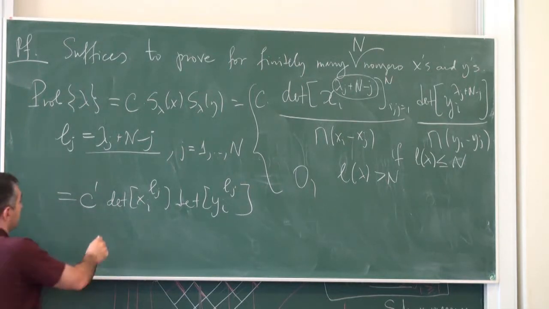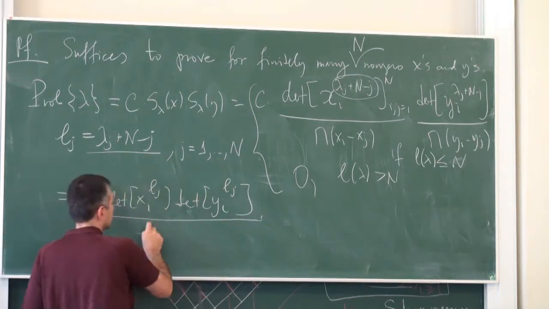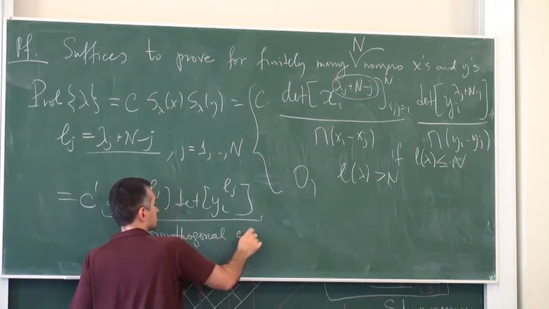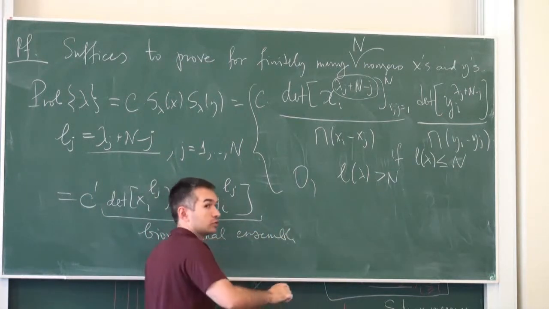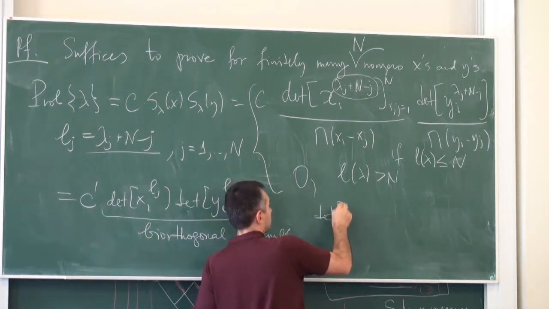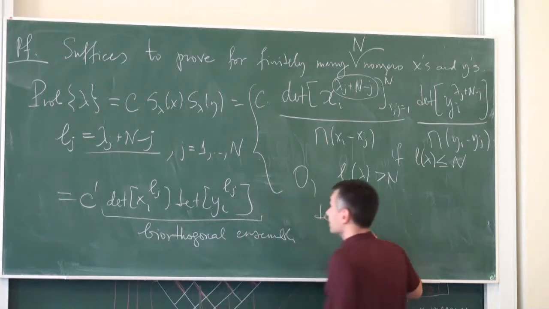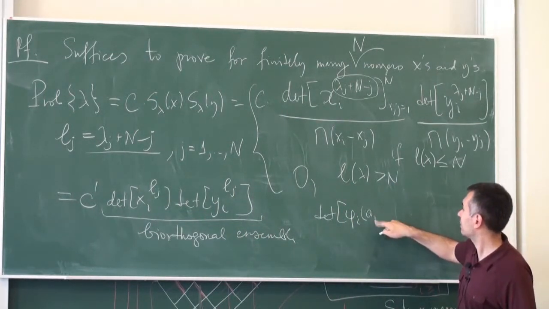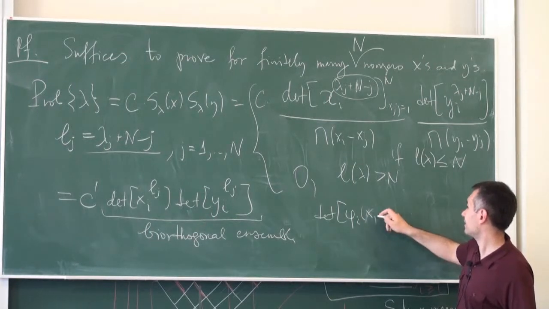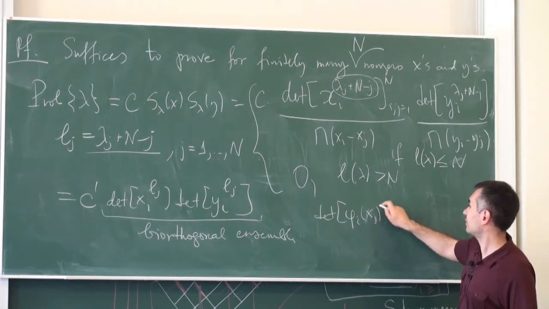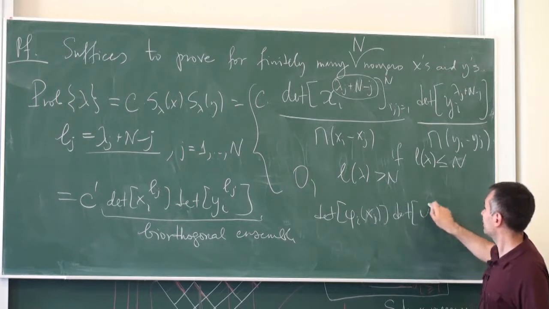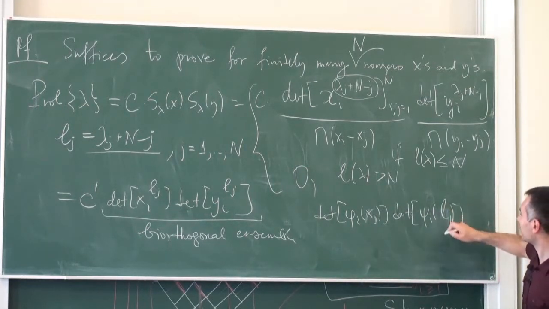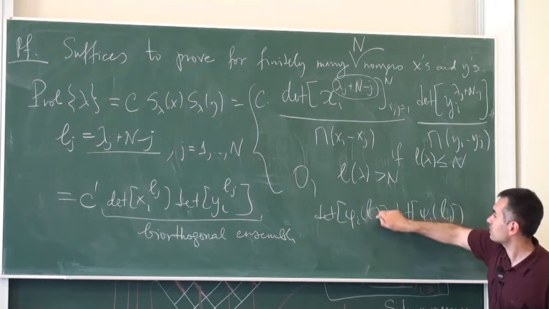Now I hope that by now you see that this is a biorthogonal ensemble, whose definition that I gave last time was the determinant of phi of x_j times the determinant of psi of x_j. The x's are not the same x's, so think of L's being here instead.